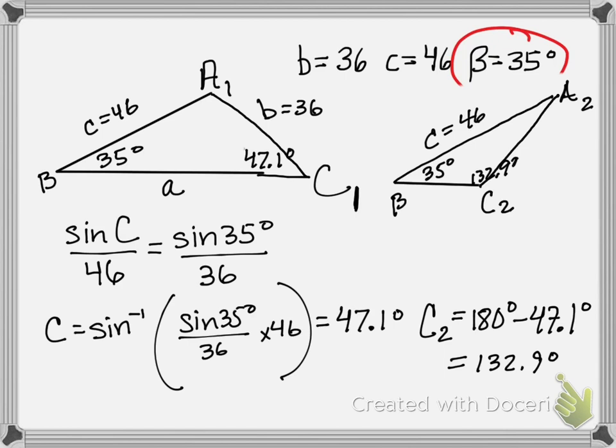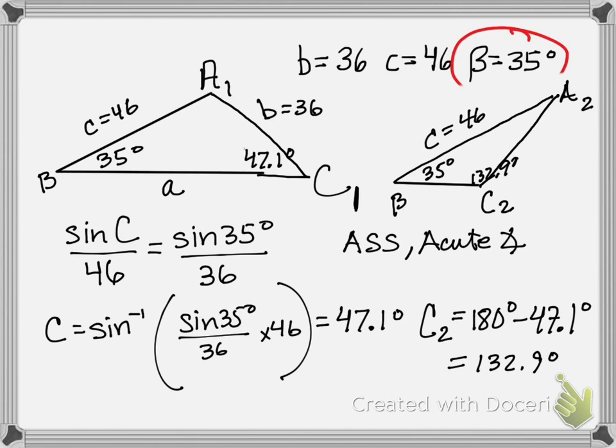So I'm going to have two sets of solutions. And this can only happen if I have an ASS case with an acute angle. It's not guaranteed to happen. There are a couple of ways that it might not happen.